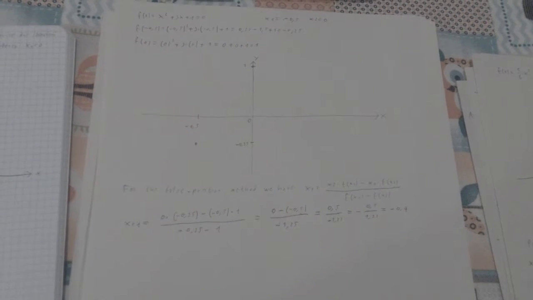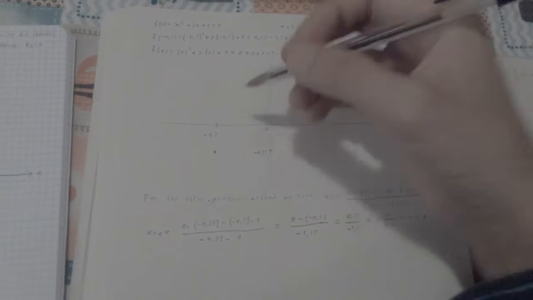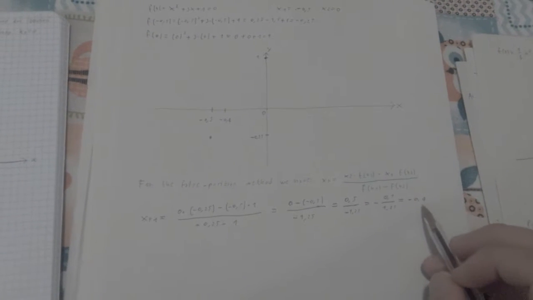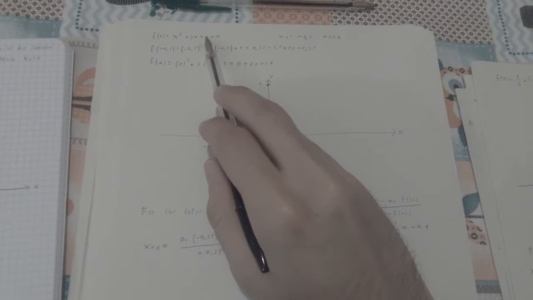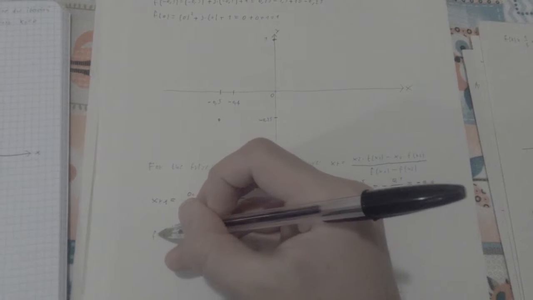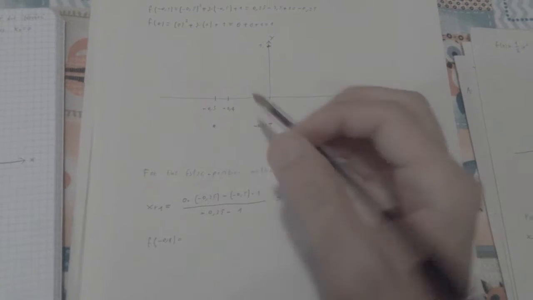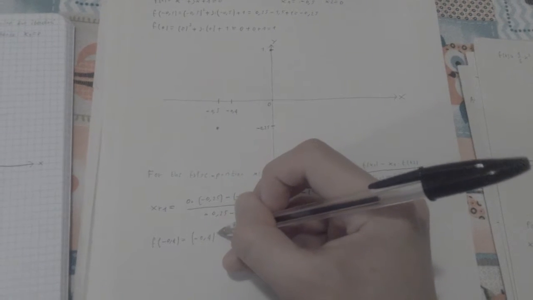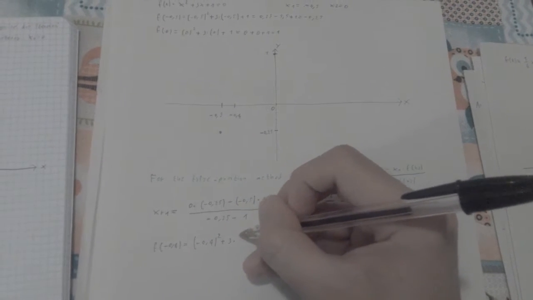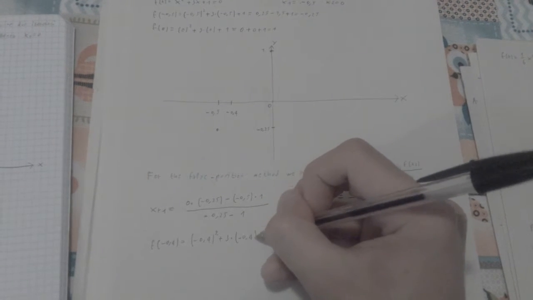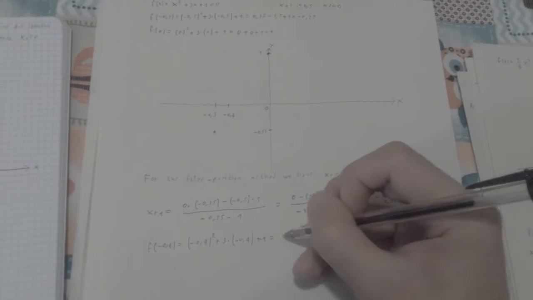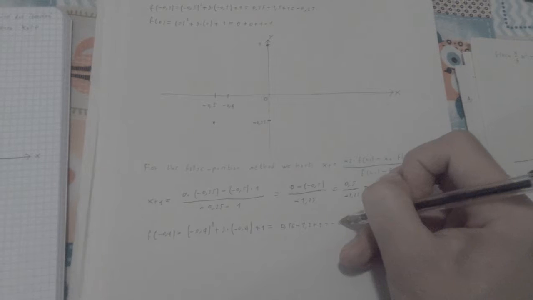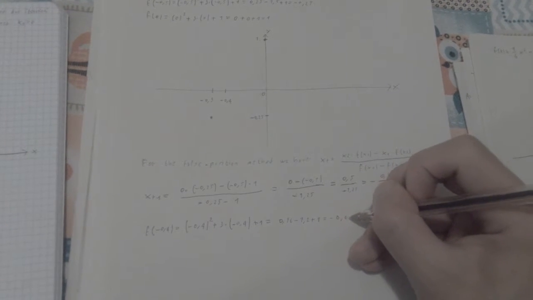We're going to this point here, negative 0.4. Let's plug negative 0.4 into our function. f of negative 0.4 gives negative 0.4 squared plus 3 times negative 0.4 plus 1, which is 0.16 minus 1.2 plus 1, so negative 0.04.